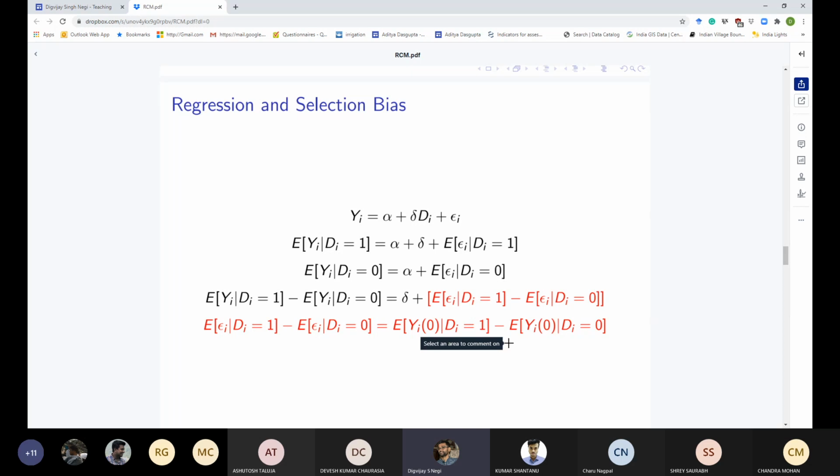This structure will also help us understand what is happening when we have these dummy variables or fixed effects in our regression. That is where this will come into use.